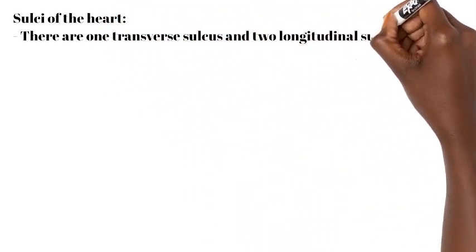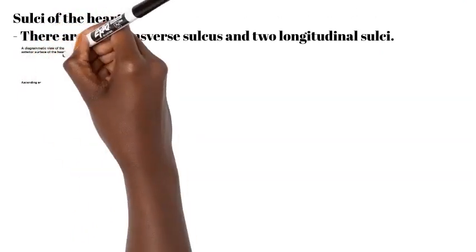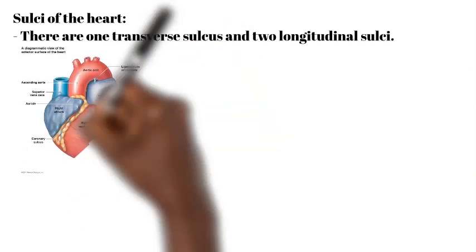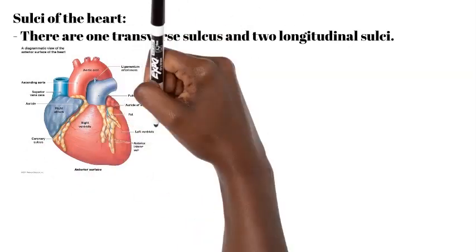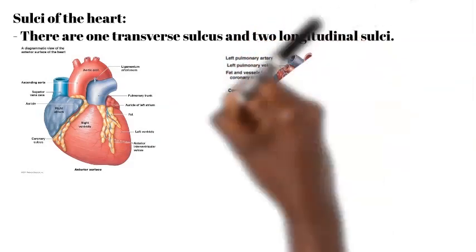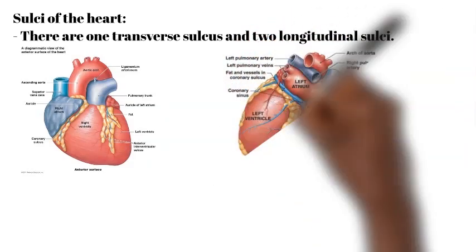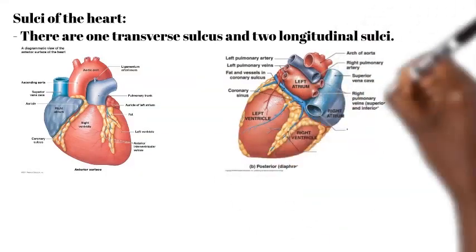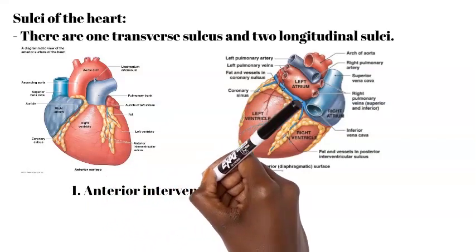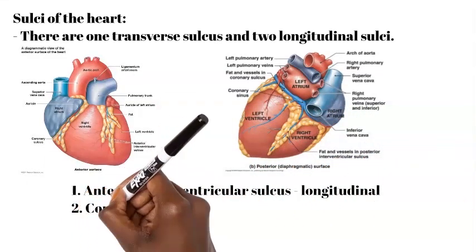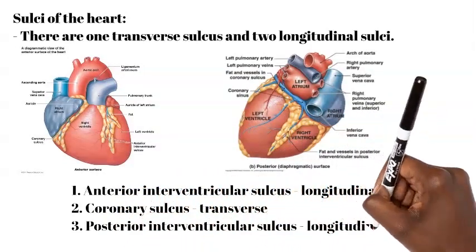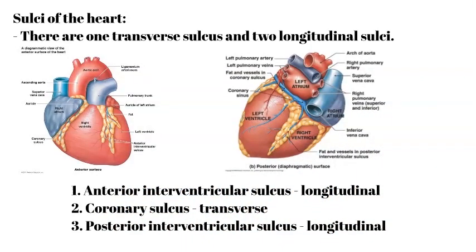There is one transverse sulcus and two longitudinal sulci. These are the anterior interventricular sulcus, the coronary sulcus, and the posterior interventricular sulcus.